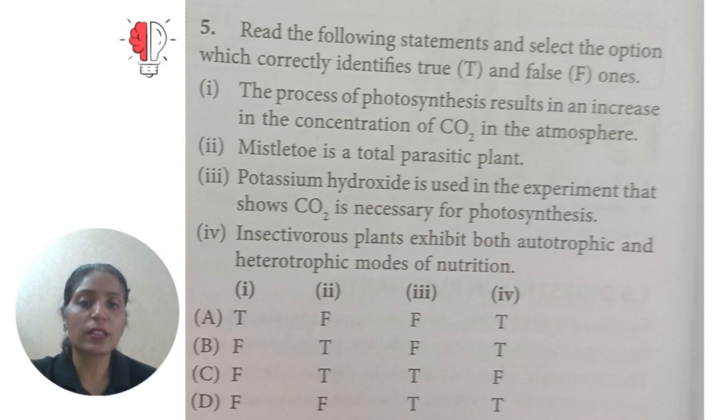Fourth one says insectivorous plants exhibit both autotrophic and heterotrophic mode of nutrition. Yes, insectivorous plants do photosynthesis for their glucose need, but for the other nutrients, they are trapping the insects and withdrawing the nutrition from them. So, as per this, options 1 and 2 are false, third and fourth are true. So, option D will work fully.